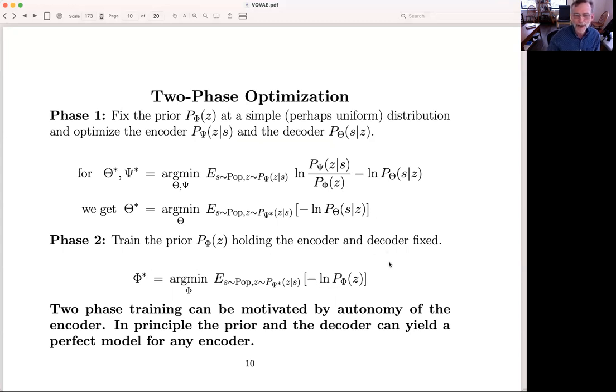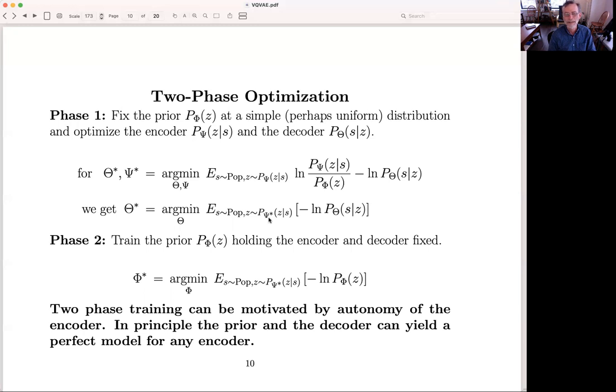Now, if these two optimizations are done fully, completely, and you've got universal expressiveness, it means that the model defined by the prior and the generator is exactly the model corresponding to this sampling distribution, where I've trained psi. And that will model the data exactly. It's modeling it under this distribution. So the idea here is that the encoder is not as important as the prior and the decoder, because in principle, the prior and the decoder can perfectly model the data no matter what the encoder is.